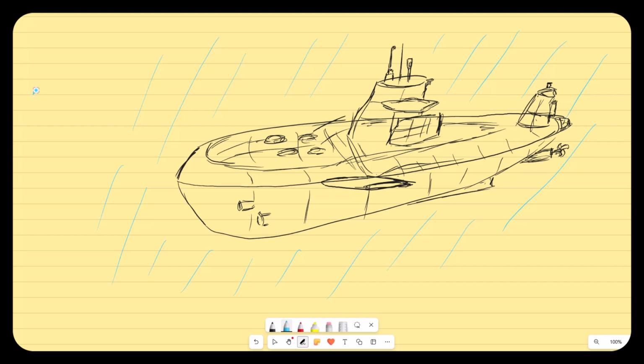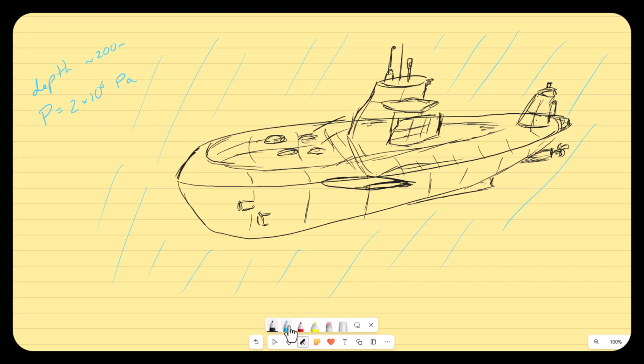Now at a depth of about 200 meters, we get a water pressure that is about 2 million pascals.